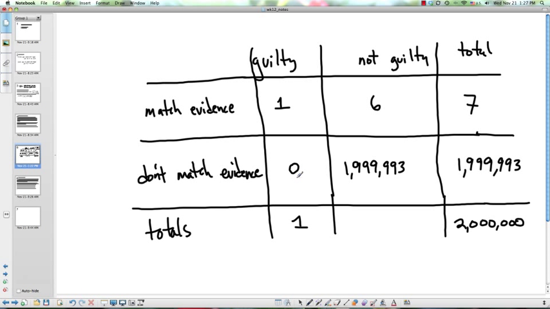0 people that are guilty and don't match the evidence, plus 1,999,993 people that are not guilty and don't match the evidence. Together, that adds up to all the people that don't match the evidence.